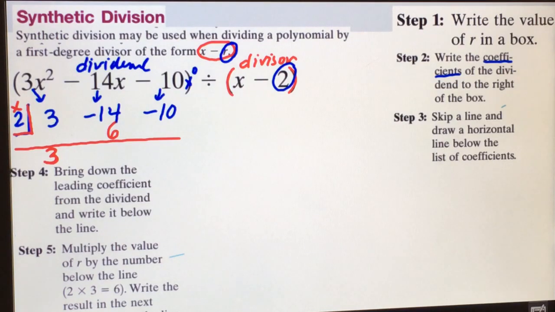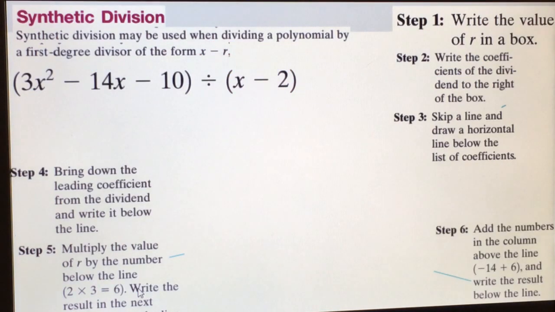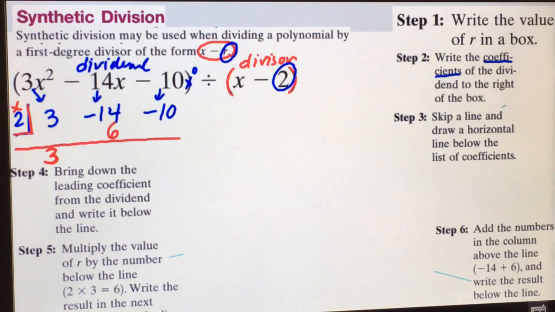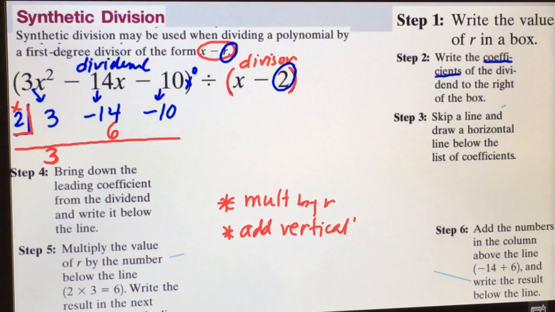Next step is add the numbers in the column above the line. So, vertically, so what you could take note of is we multiply by r and we add vertically. So we're adding negative 14 and 6, you get negative 8.